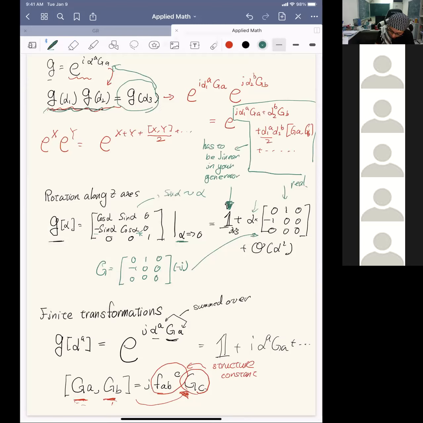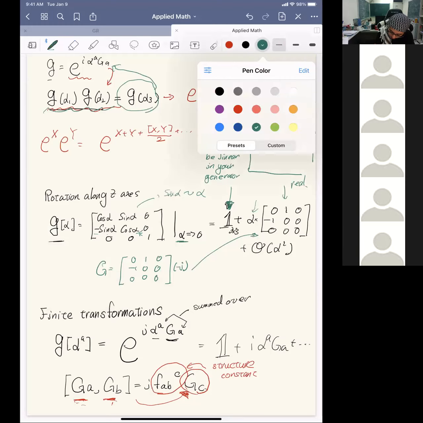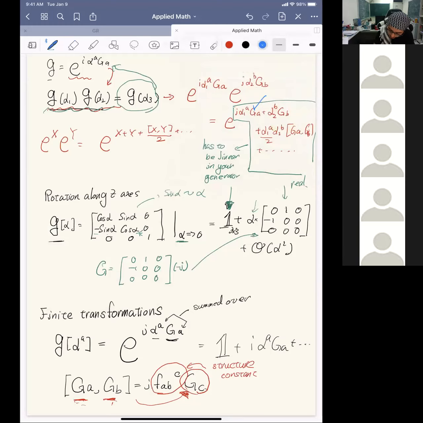Okay. Now, if we look at it closely, this is linear in generator. Great. This is linear in generator. The non-trivial thing is that this is not linear in generator. So the requirement that this forms what we call a group, or two successive transformations, is equivalent to the requirement that the commutator be linear in your generator.